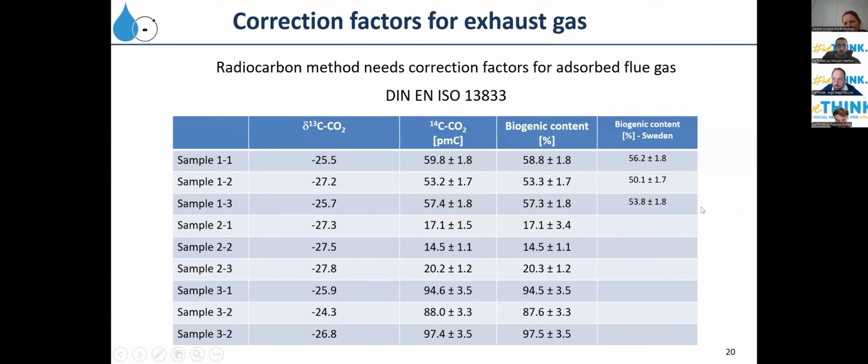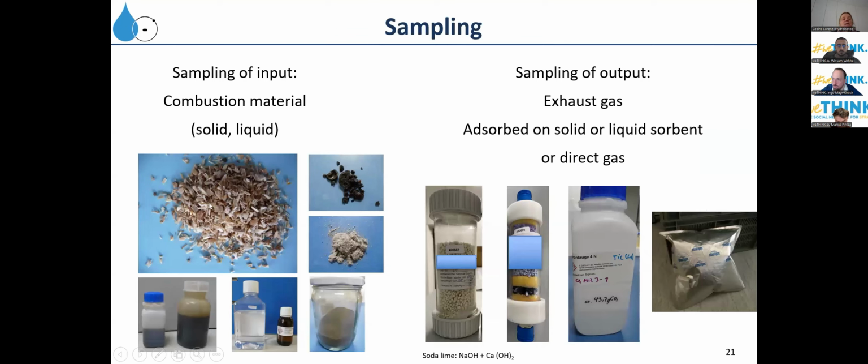So there is a real difference if you measure the sampling input or if you measure the sampling output. Both are applied within the whole EU. Some combustion plants measure the combustion materials which go into the oven, and the others measure what goes out of the oven.